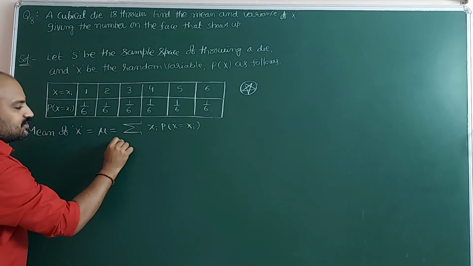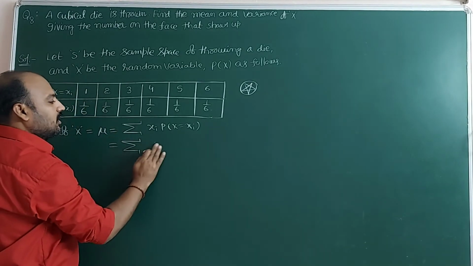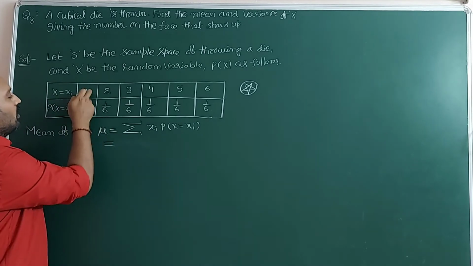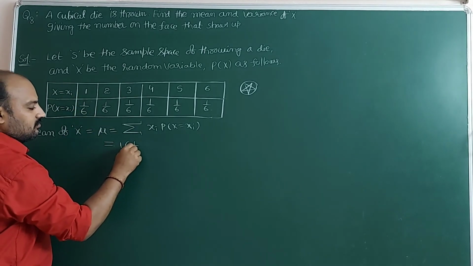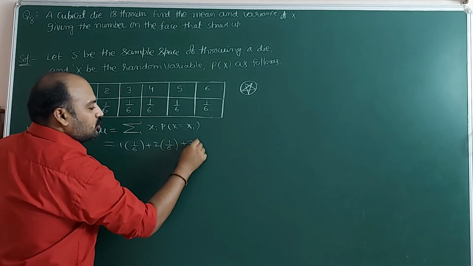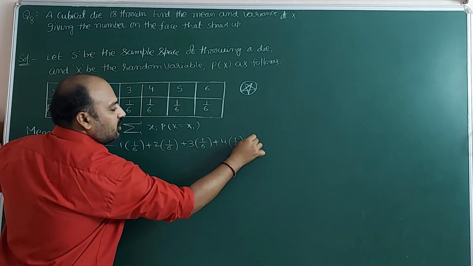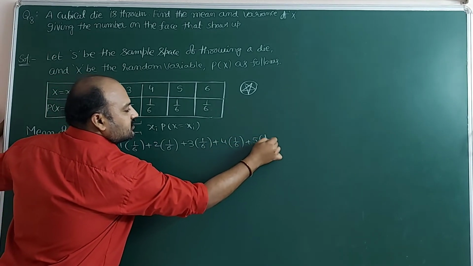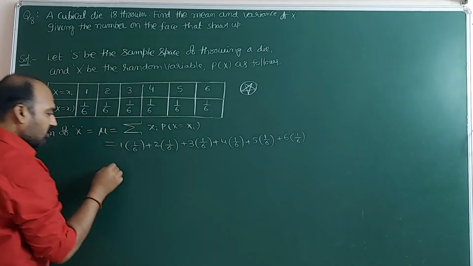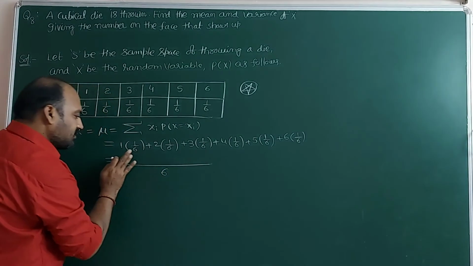Substituting the values directly: 1 into 1 by 6 plus 2 into 1 by 6 plus 3 into 1 by 6 plus 4 into 1 by 6 plus 5 into 1 by 6 plus 6 into 1 by 6, which is equal to, the LCM is 6, dear students.